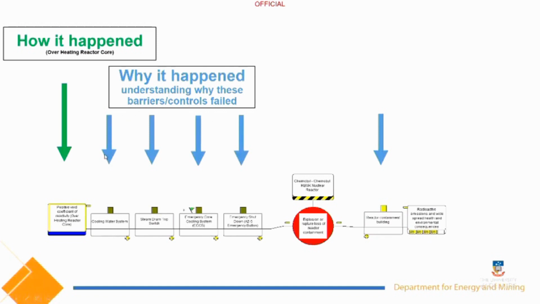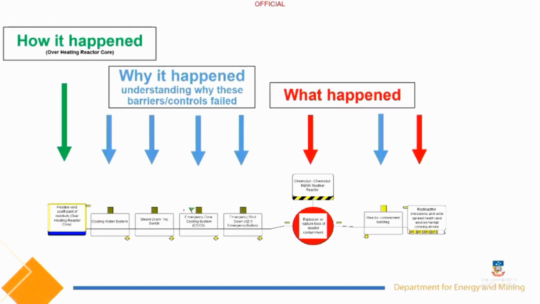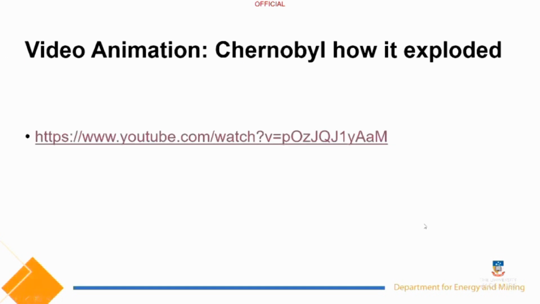You'll analyse, understanding why these failed through the information that I'm going to present, which you will then be able to distill into the process safety element discussion. And obviously the what happened was an explosion and the eventual radioactive emissions.